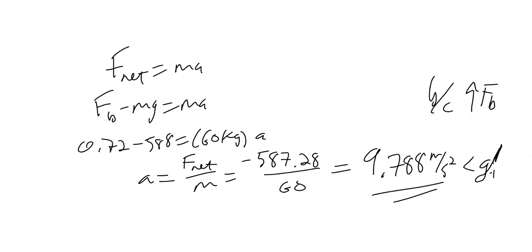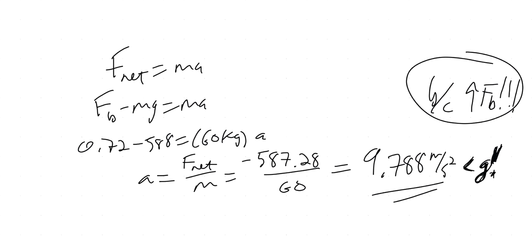Isn't that amazing? We don't always talk about this. Just like we don't talk about all the pressure we're feeling right now. We don't really realize that air is actually causing us to want to go up, but we ignore it. But 0.72 newtons, that's not nothing. I think that's kind of cool.